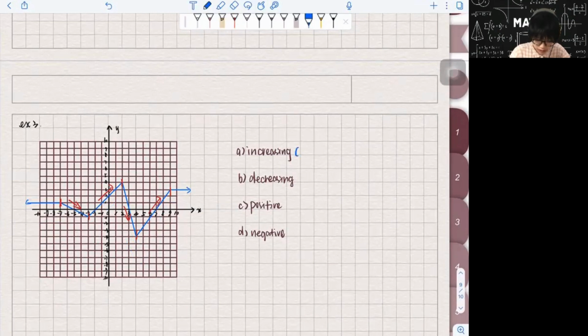So the parts from -3 to 2 and from 4 to 9, these two parts are increasing. And from -7 to -3 and 2 to 4, these two parts are decreasing.